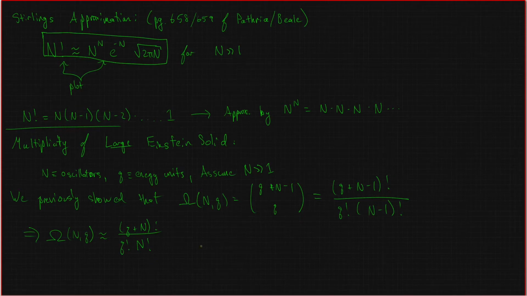Okay, now we're going to apply Stirling's approximation. Before we do that, let's get on another page. So let's rewrite that. So we have omega of n and q. That is q plus n factorial all over q factorial n factorial. Okay, so now let's apply Stirling's formula.